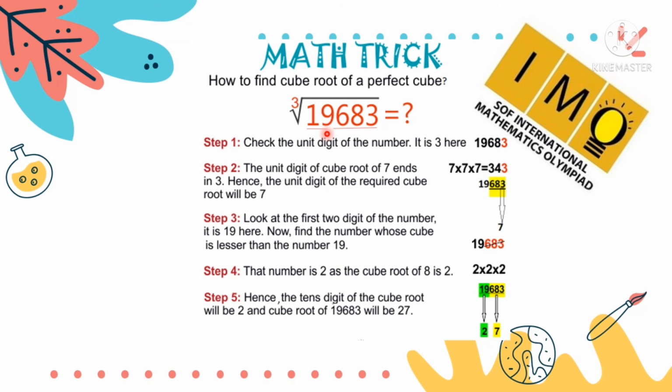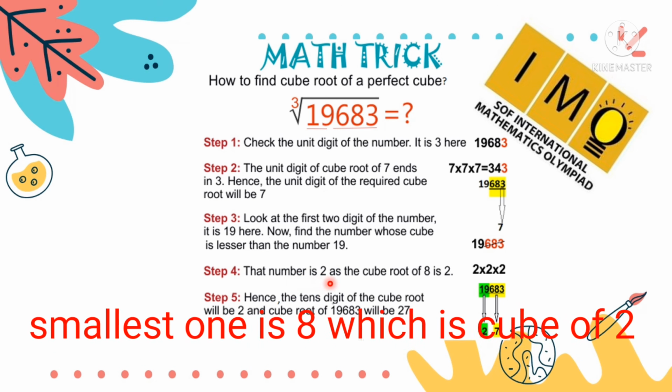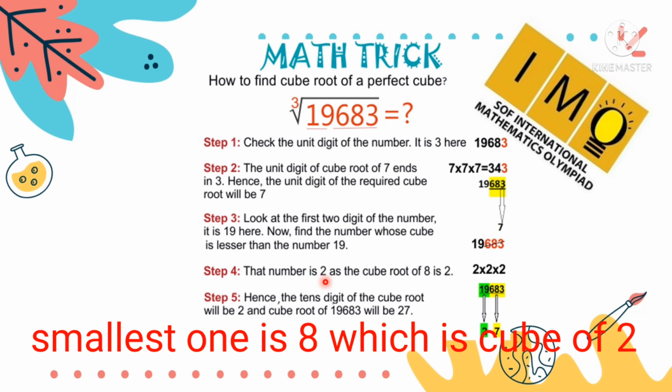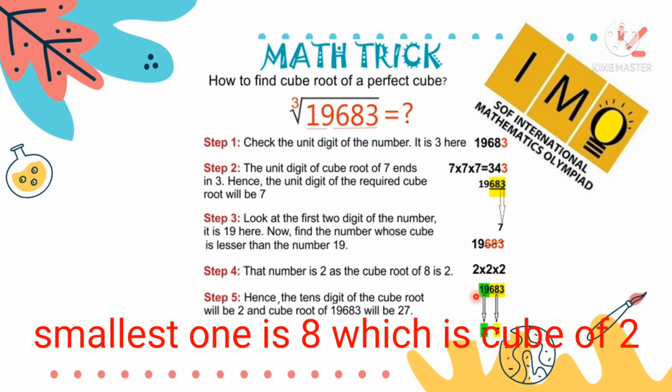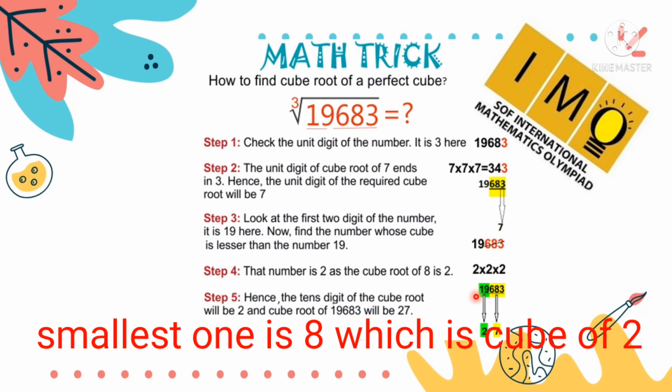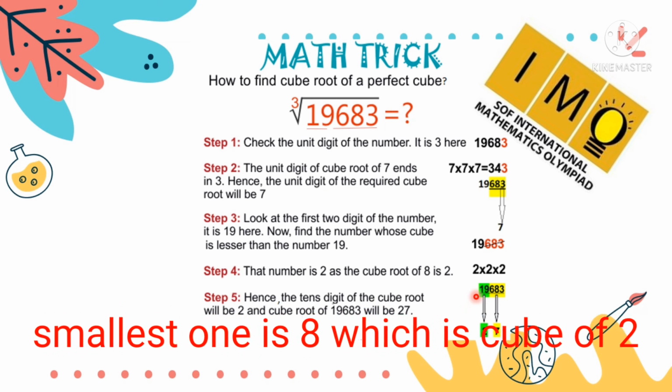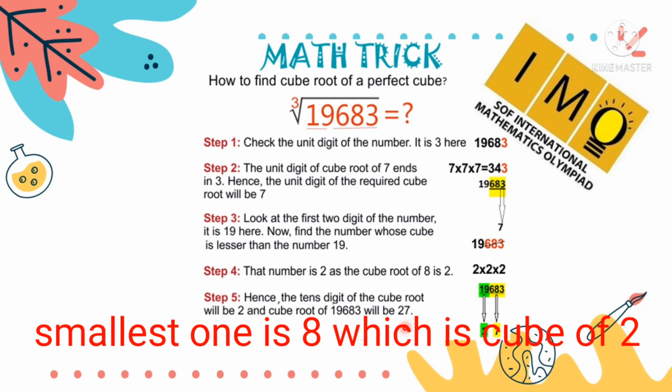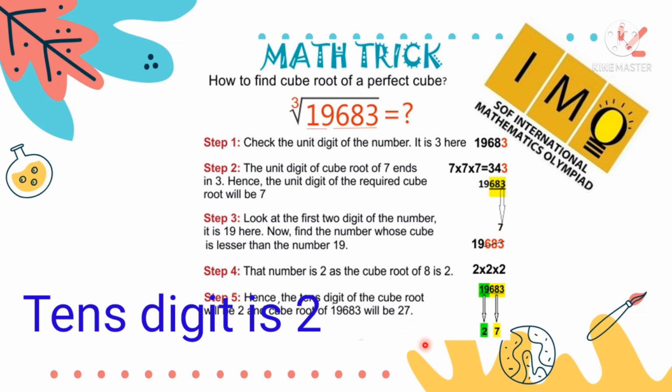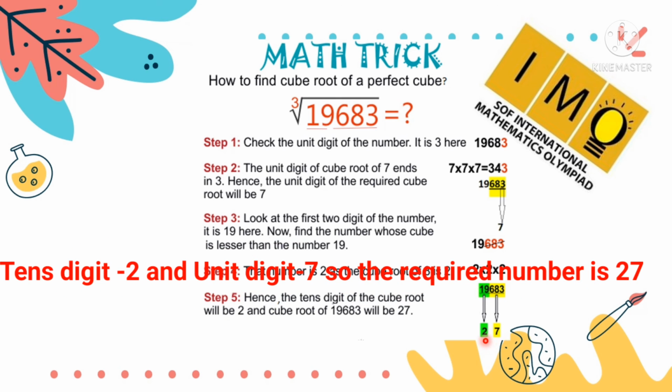Since 19 comes between the cube of 2 and the cube of 3, and the smaller number is 2, we will take 2 here. Always we have to take the smaller number. So in place of the tens digit, we have 2. We already have 7 in the unit place and 2 in the tens place. So the required number is 27.